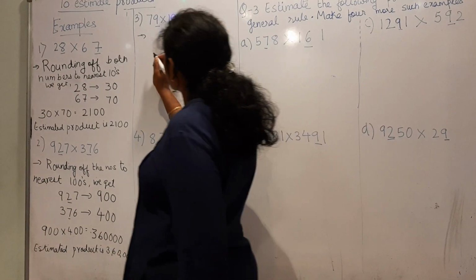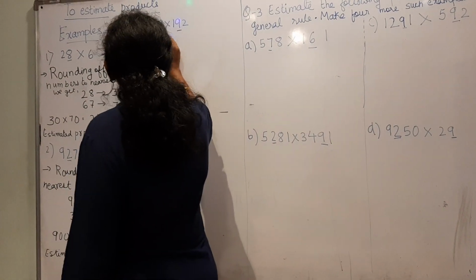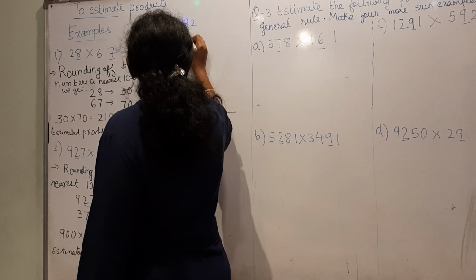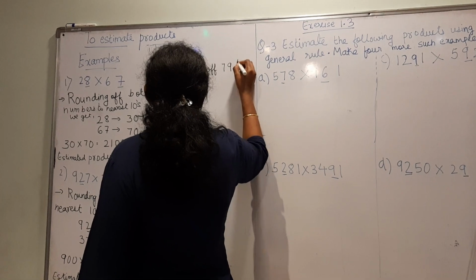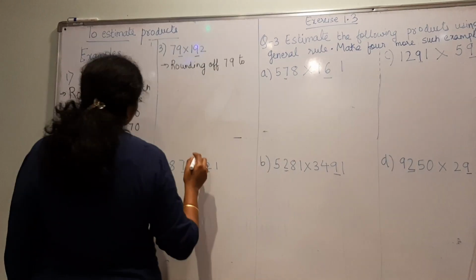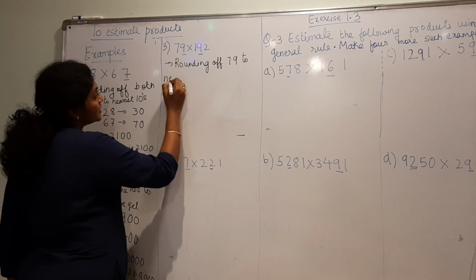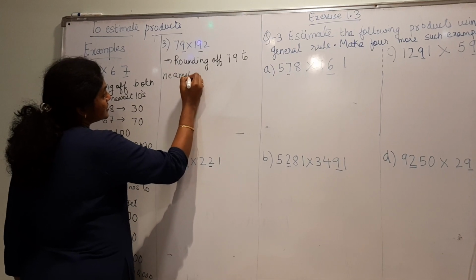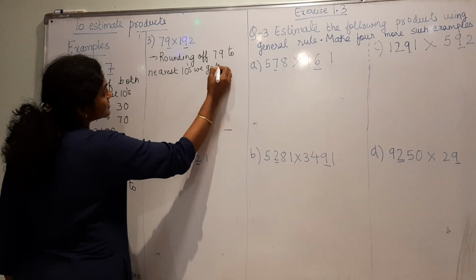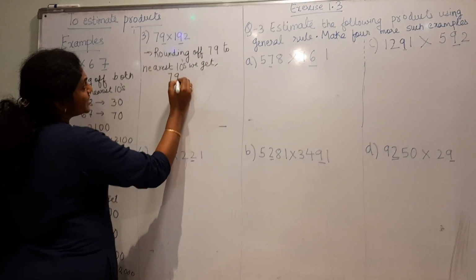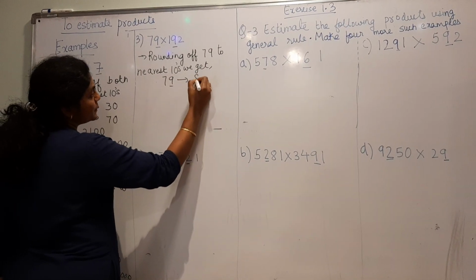So here we just have to write: rounding off 79 to the nearest tens, we get, looking at the ones place, 80.